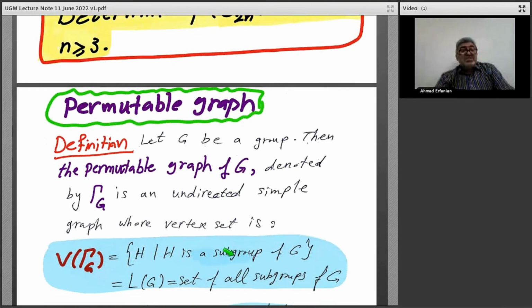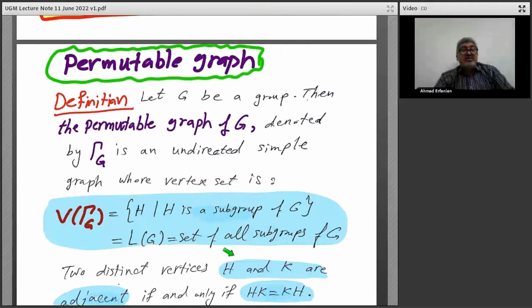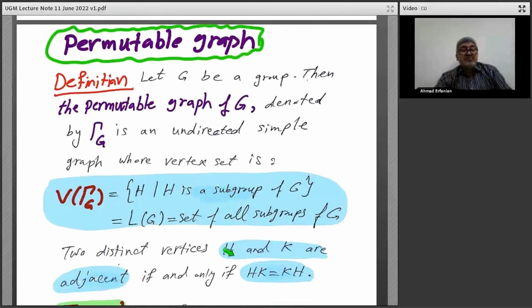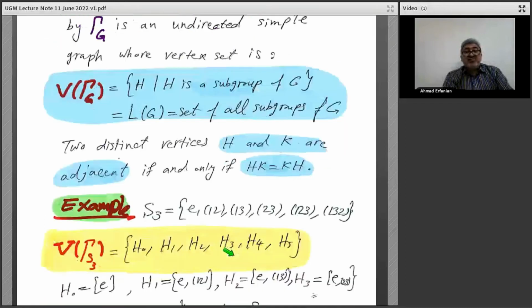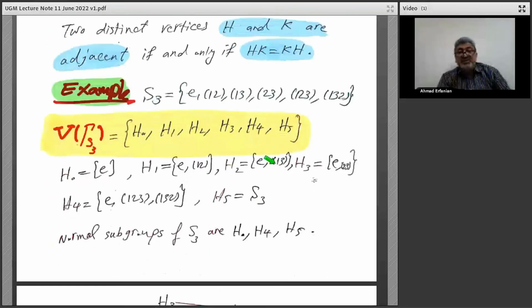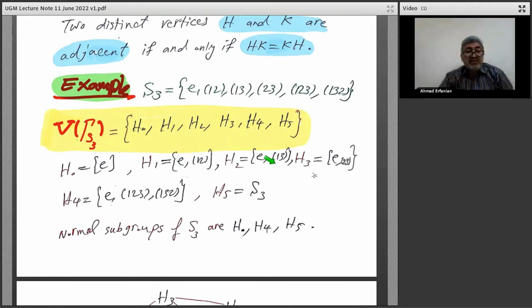Now, by the definition of permutability degree, we can define the permutable graph. The permutable graph is a graph associated to group G, right? The vertex set is the set of all subgroups of G, and two subgroups H and K are adjacent if and only if HK equals KH, which means that H and K are permutable.